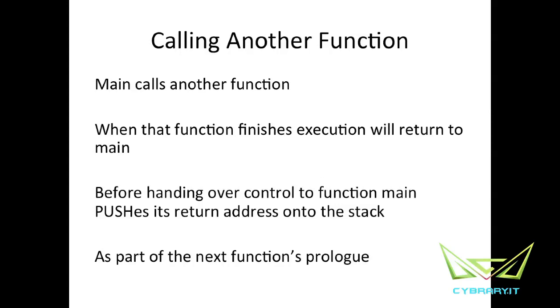We'll see that. Getting a little ahead of myself. But anyways, before we do that, we actually save the return address. So we take the next instruction to be executed in main, or our currently executing function, and push it onto the stack. So we just save it there right on top of main's stack frame, and then we create a stack frame for our new function on top of that.